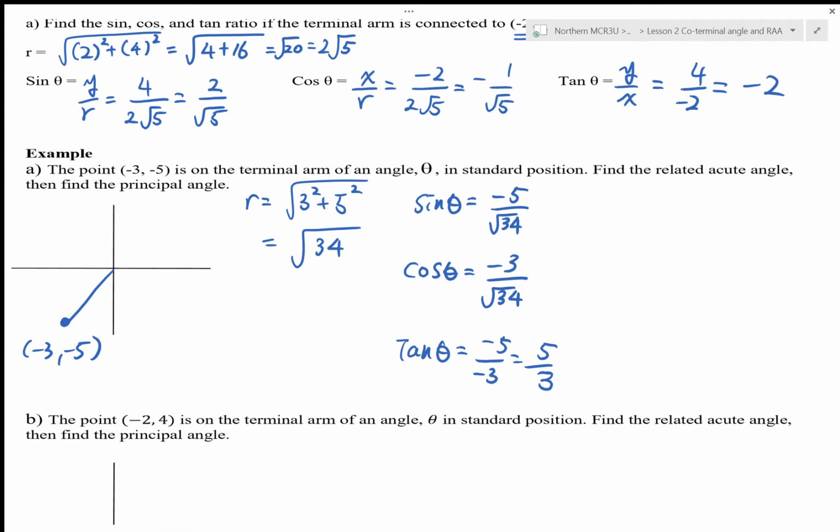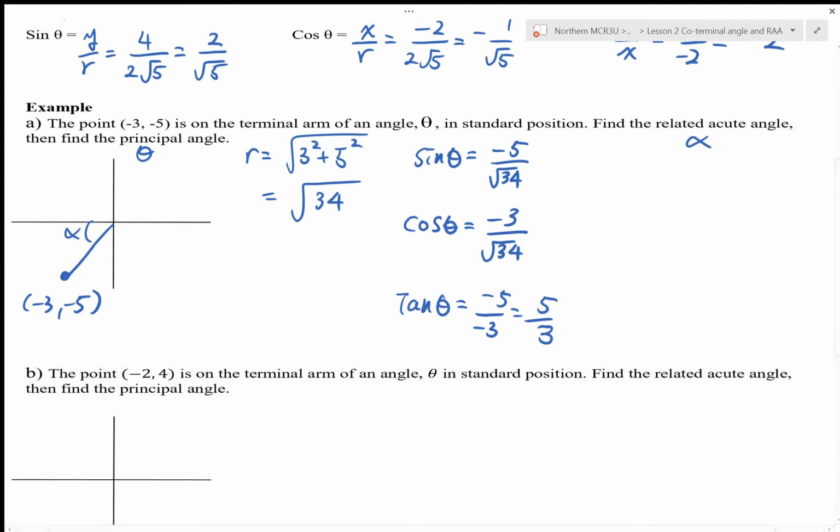Now, I'm going to put the related acute angle as alpha and the principal angle as theta. Okay, it's already here. Now, for alpha, we just need to use a trigonometric ratio and a calculator. So you actually do need a calculator for this.